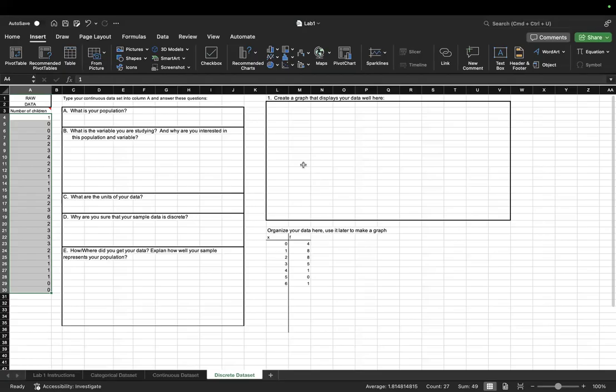Could we use a map if we had, say, countries? Mine was countries and cars produced in each country. So if you had a world map, I don't know how well, is this map going to work?